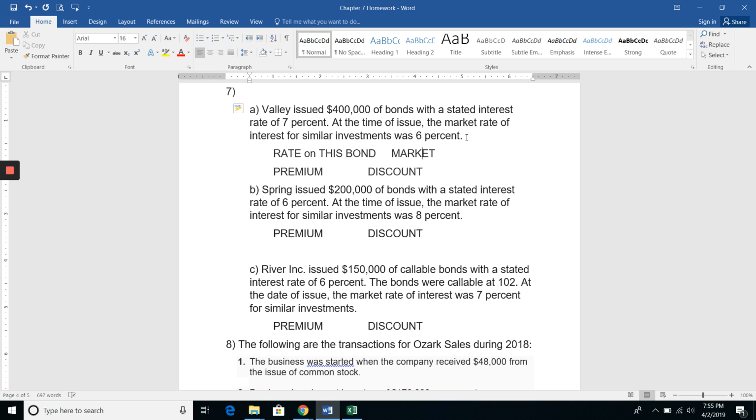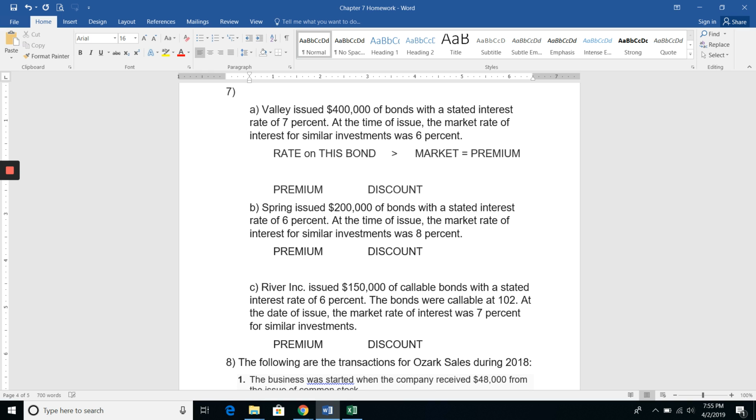If the rate on this bond is greater than the market, then we get to charge a premium. If the rate on this bond is less than the market, we need to sell this at a discount to try and entice people to buy this.